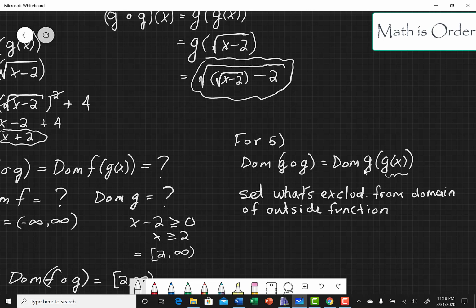By outside function, I'm referring to the function furthest out here to the left, which has to be any number less than 2. We set that equal to the inside function.